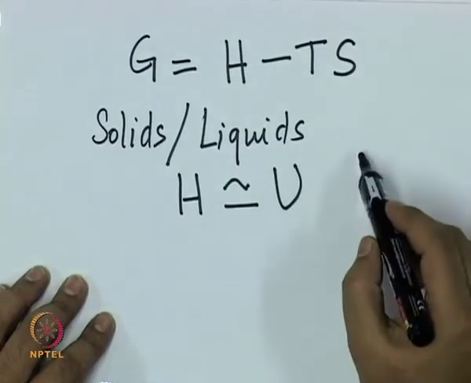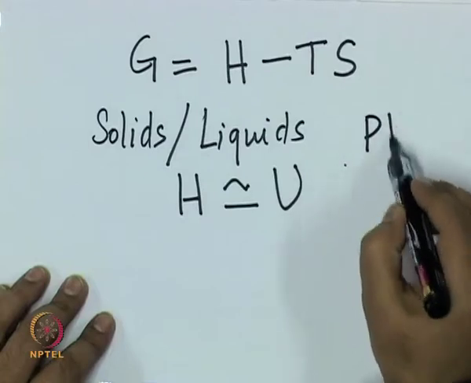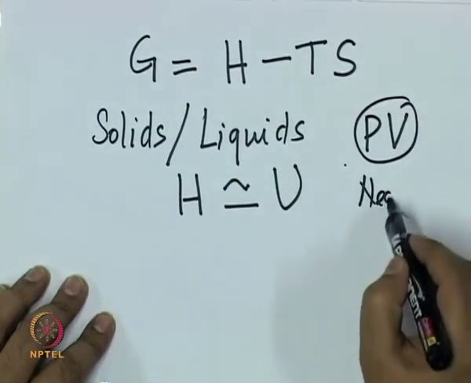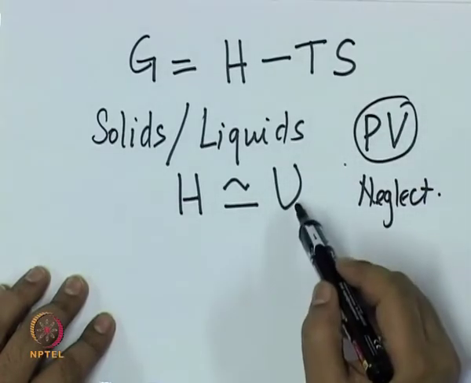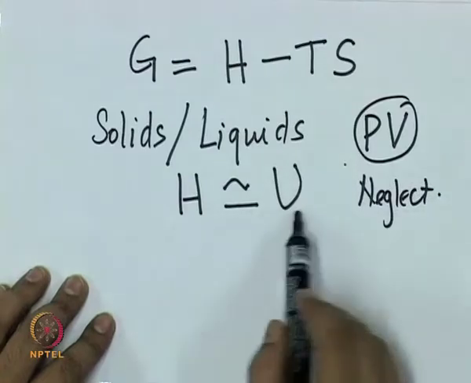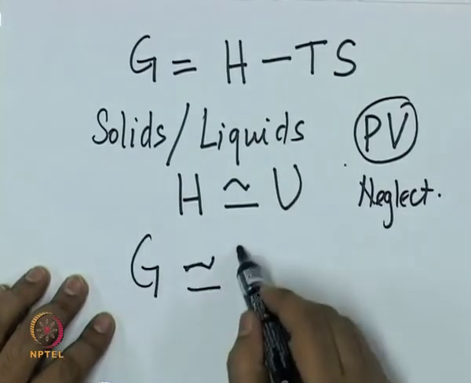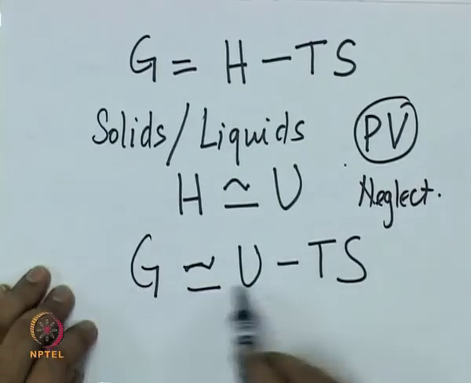In other words, we neglect the PV term. We will do a short tutorial as to why neglecting this is justified, but we assume so. G is approximately equal to U minus TS. So, this is the beginning.